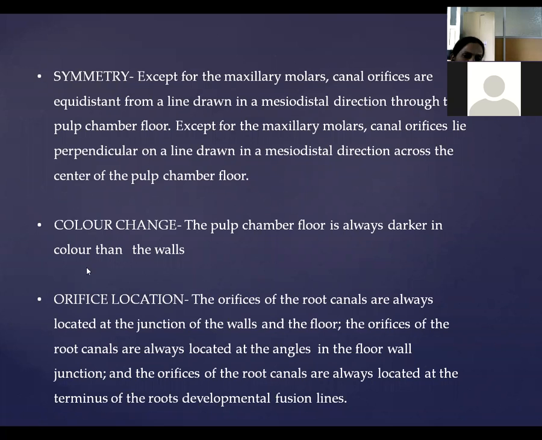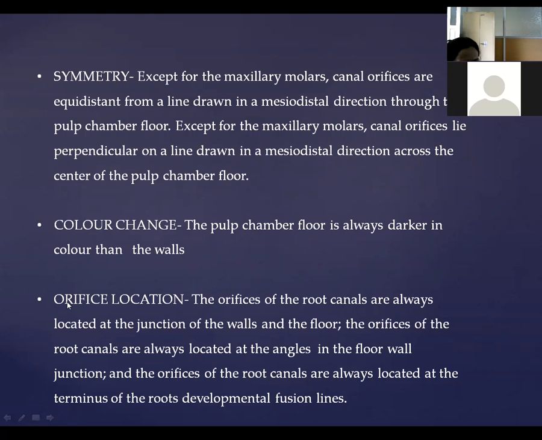So we have to look for these orifices. They are very small. The diameter is 1 millimeter, and in calcified canals it is less than 1 millimeter. So it is very difficult to see, and you have to apply some laws to locate these orifices.